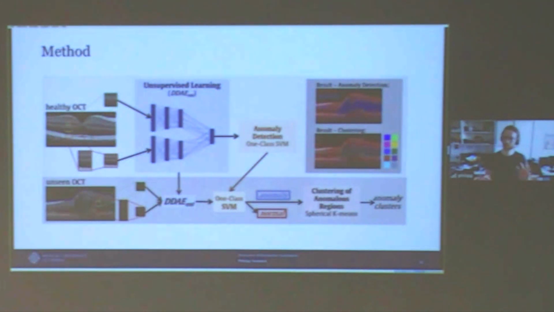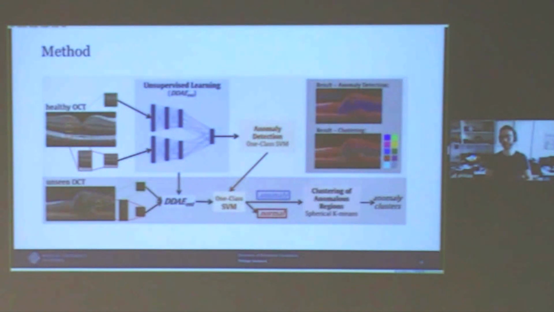I will present now two approaches for how we perform the anomaly detection in OCT images. This is the first one, where we used a specific type of autoencoder for learning a feature representation on healthy OCT patches. So in the end, we got a feature representation of only healthy data. And then we trained a so-called one-class SVM.